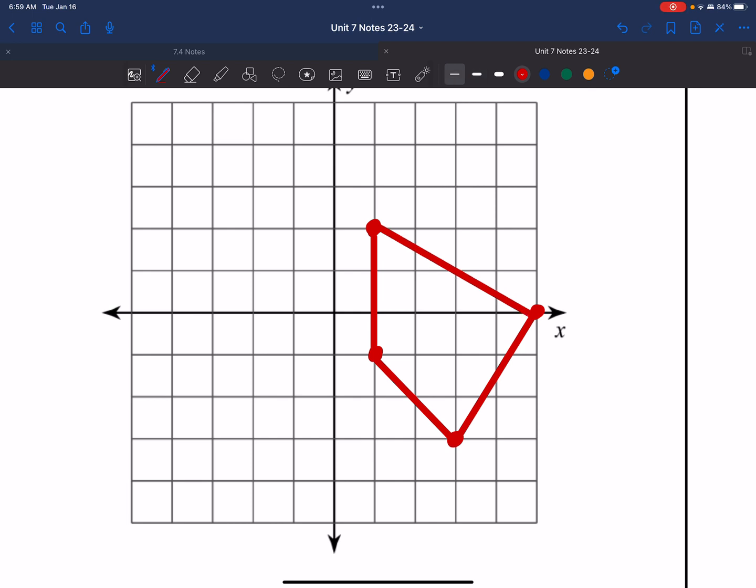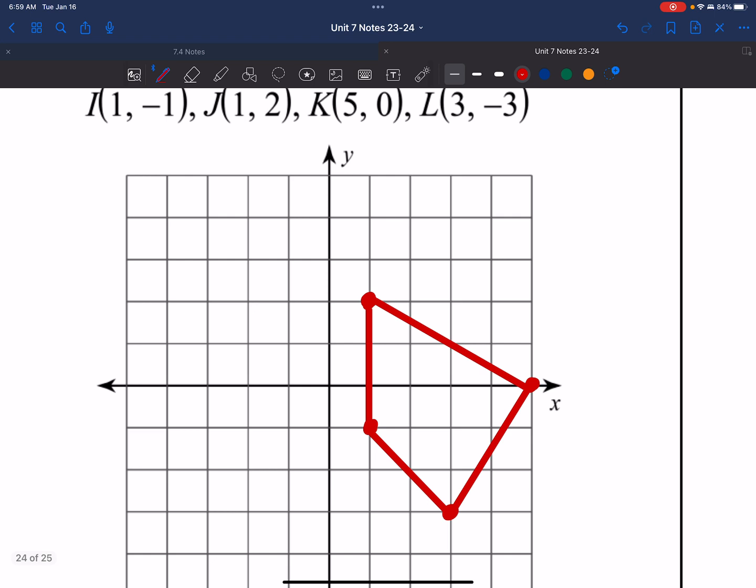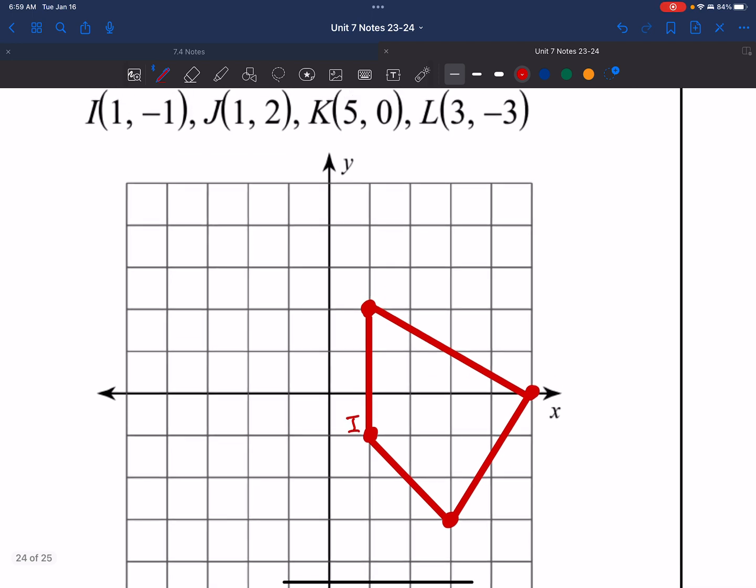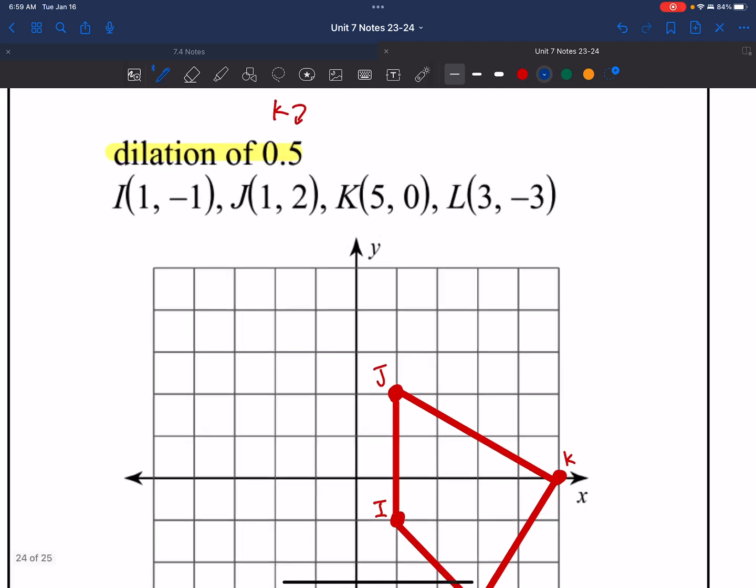Make sure I label all of these points. And then it tells me that my scale factor is 0.5. I'm just taking this scale factor and multiplying each of my points by 0.5.